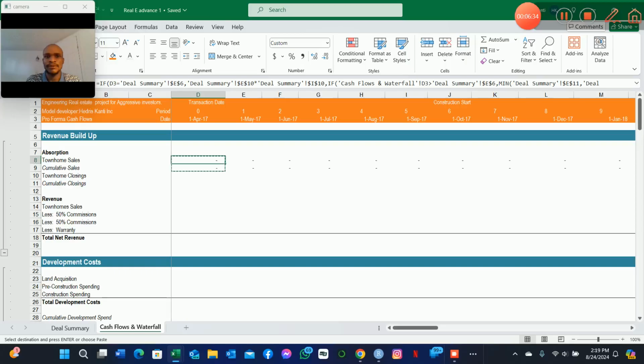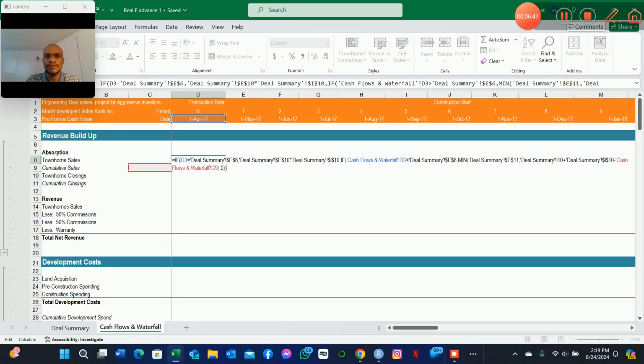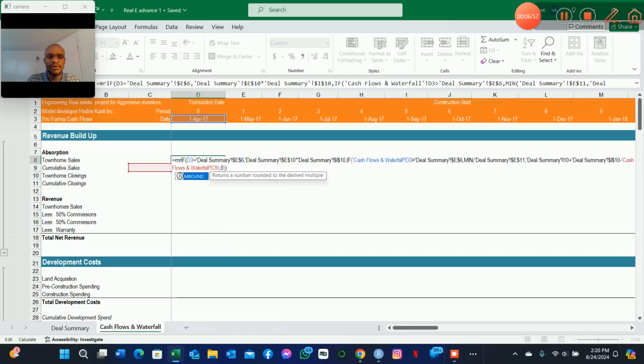So the next thing we want to do here, in case of any rounding problems, is go back to this cell, hit F4, and then go to the end of the formula and use the MROUND formula.